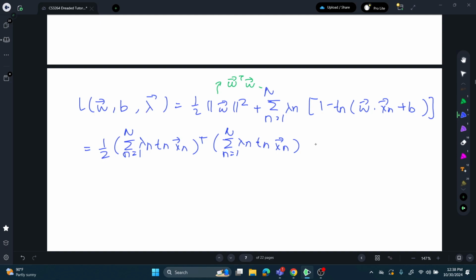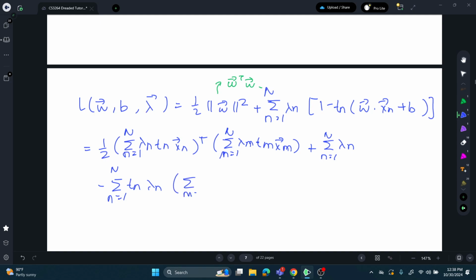Plus, now this entire sum I can also expand. This will be the sum of lambda n, minus the sum from n equals 1, tn, lambda n. Let me put this as m instead, so it's easier to see. So I can differentiate the first n versus the second m. Both of them still go up to capital N. So then I will have this is my tn lambda n.